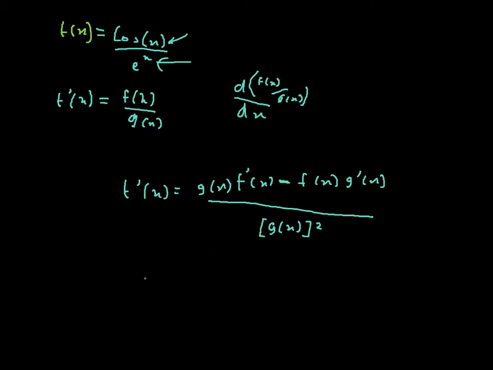If we have this function, let's solve for this function. What is the f of x? We have taken it independently. It is cos x. And what is the g of x? It is e raised to x.